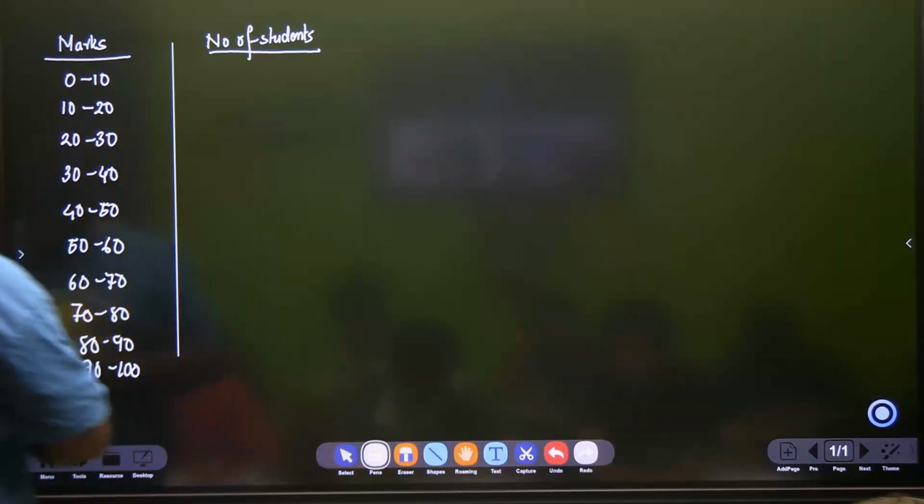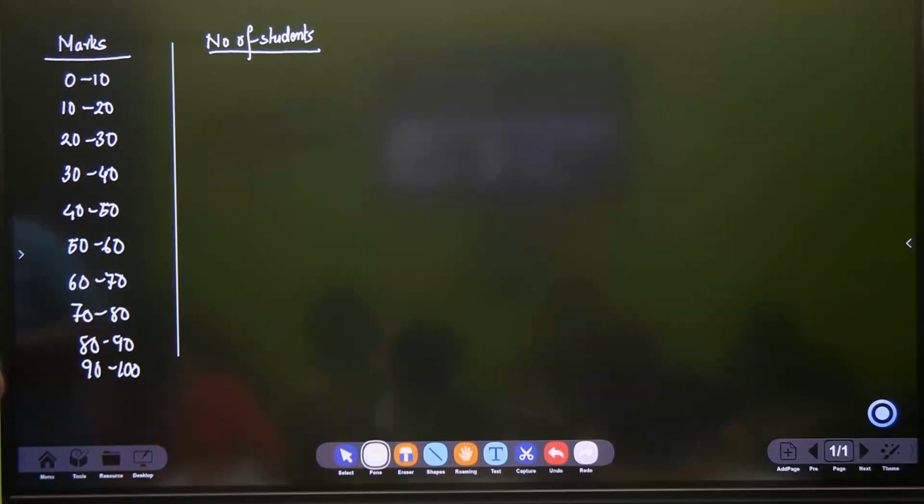They will actually tell you that these are the marks obtained by so many students. Like in this problem, they will say marks obtained by 50 students.